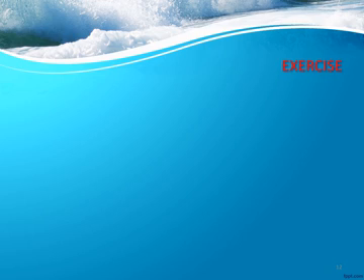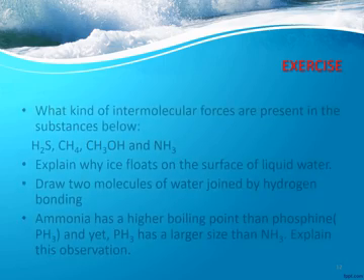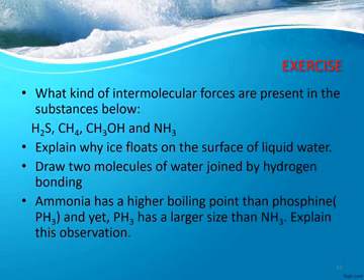Exercise. What kind of intermolecular forces are present in the substances below? Explain why ice floats on the surface of liquid water. Draw 2 molecules of water joined by hydrogen bonding. Ammonia has a higher boiling point than phosphine.